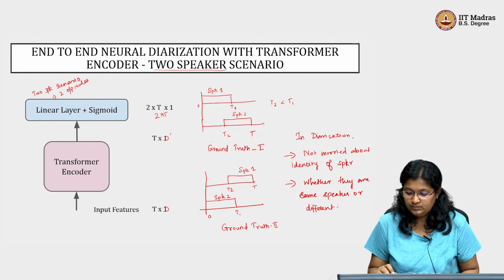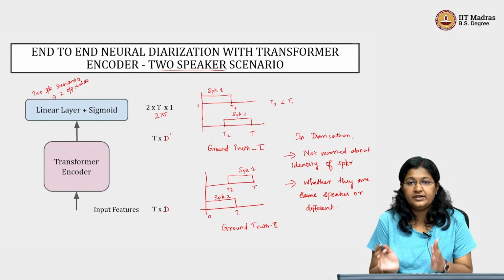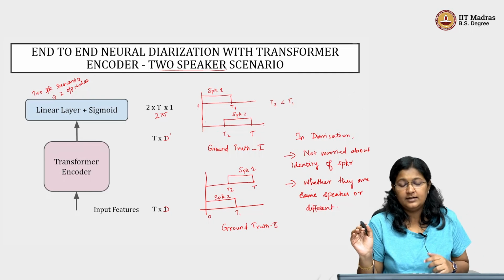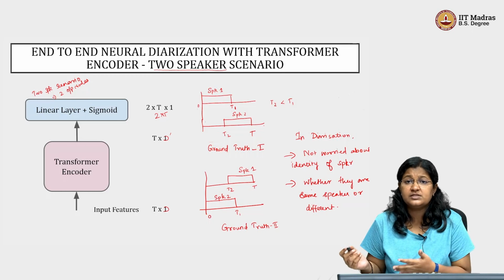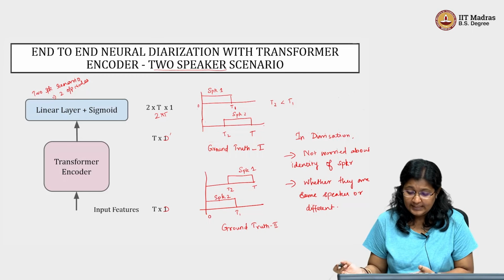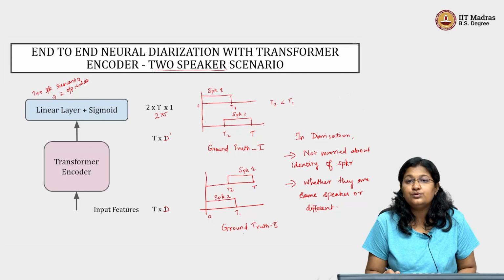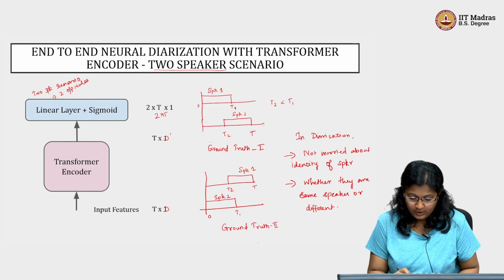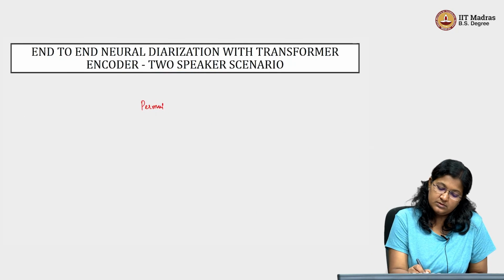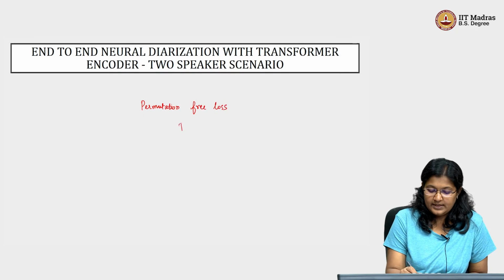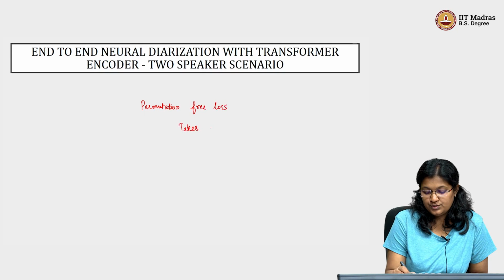This is our goal. After you have split them into different speakers, then you perform identity identification on top of that if your downstream task is dictating it, right? Okay. So, both are ground truths. So, the permutation-free loss takes care of both the ground truths.